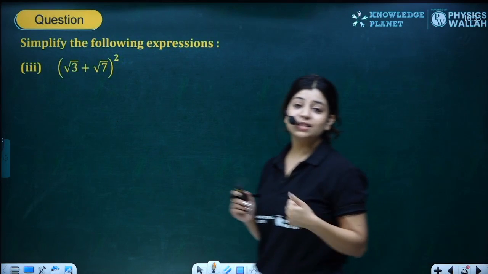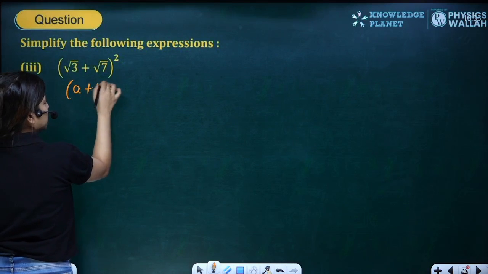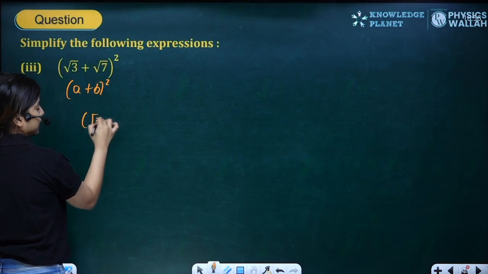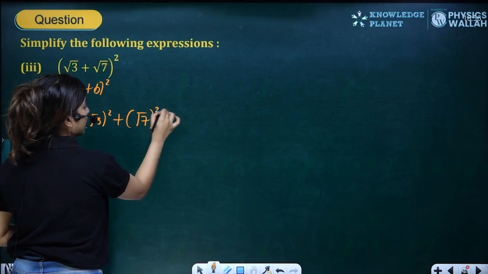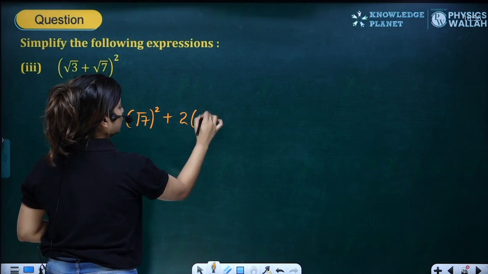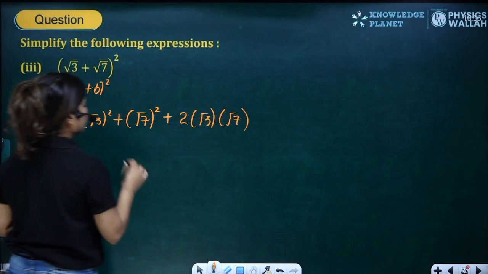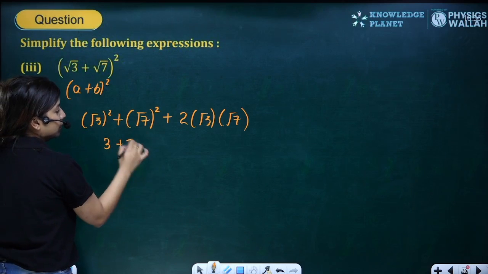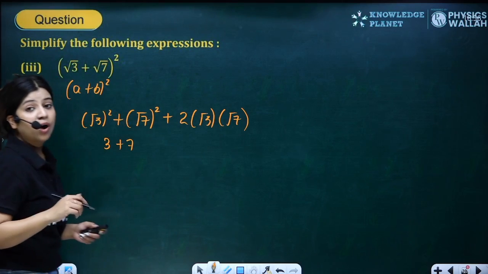Root 3 plus root 7 whole square. This gives us an identity of a plus b whole square, which is equals to a square plus b square plus 2 into a into b. Right? So root 3 square will give you 3, root 7 square will give you 7, and root 7 into root 3 will give you what?